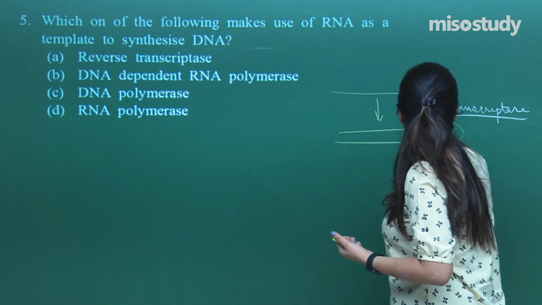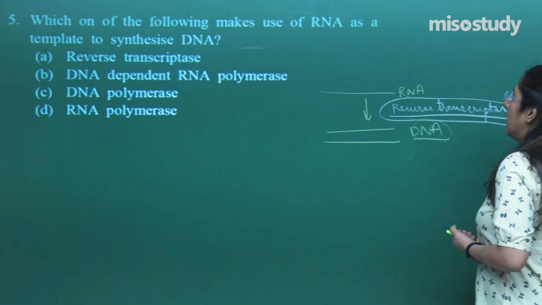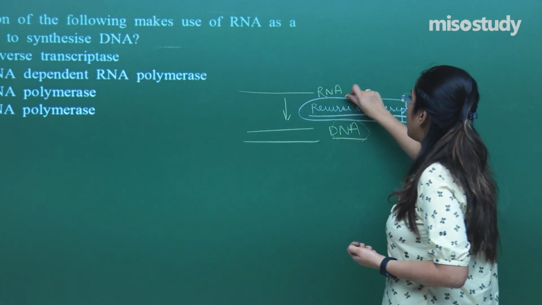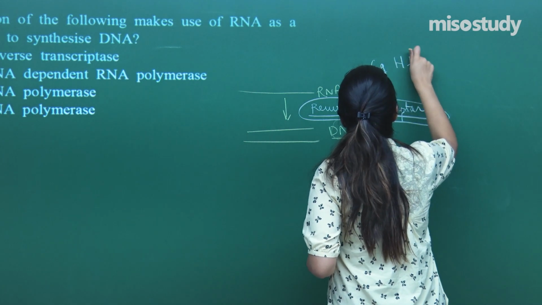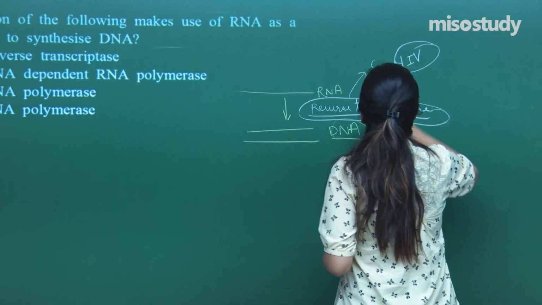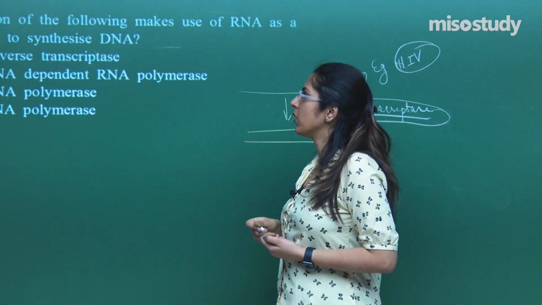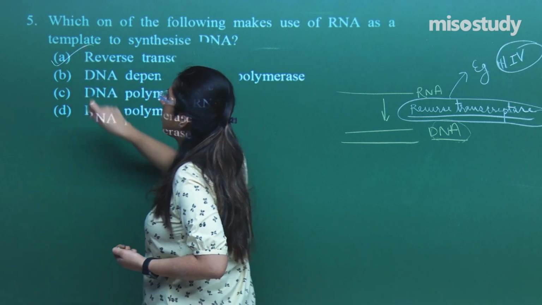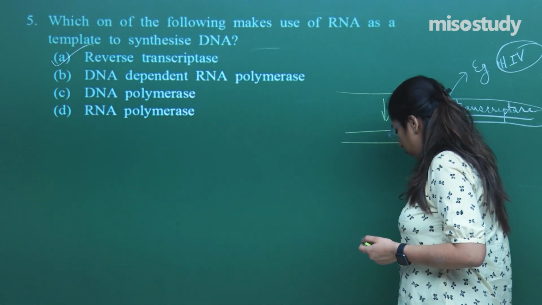Now tell me one thing, in which specific virus is this reverse transcriptase present? That is the HIV virus. We have other examples also, but this is one of the good examples, HIV, which is responsible for AIDS. So the correct option is option number A for the 5th question.